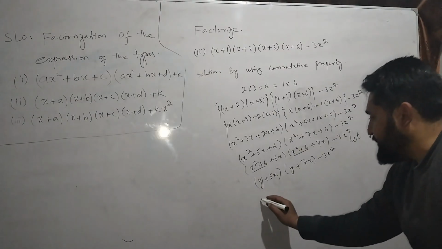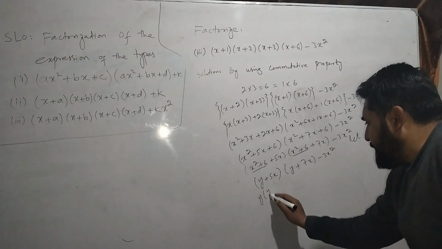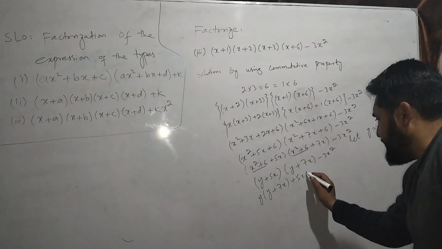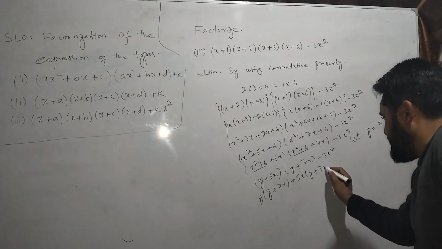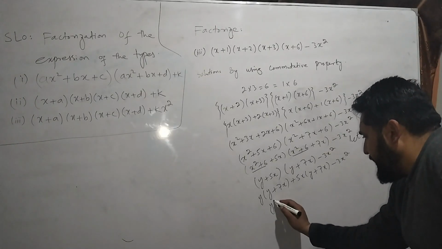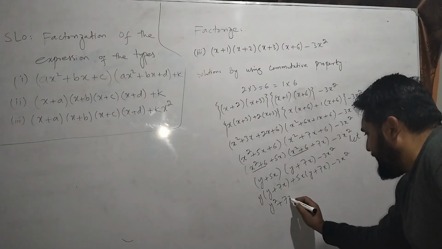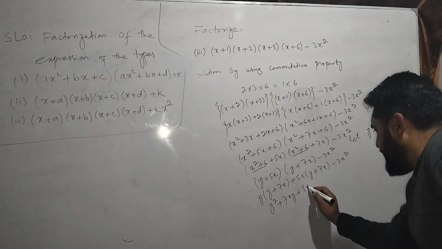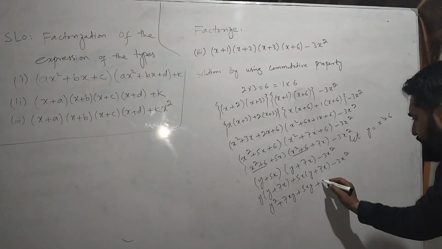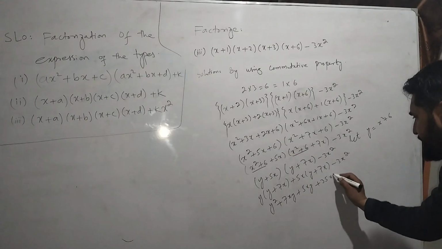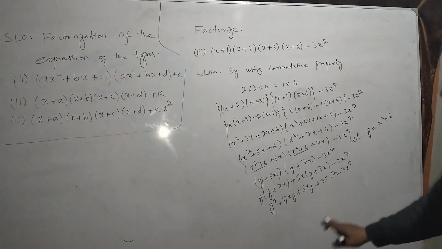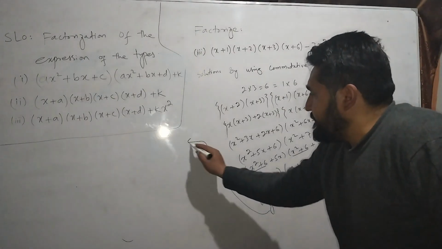We just multiply these two, y into y plus 7x plus 5x into y plus 7x, minus 3x square. So y square plus 7xy plus 5xy plus 5 multiplied 7, that is 35x square, minus 3x square. We just simplify this one here.